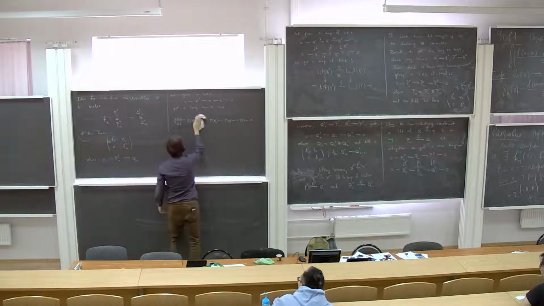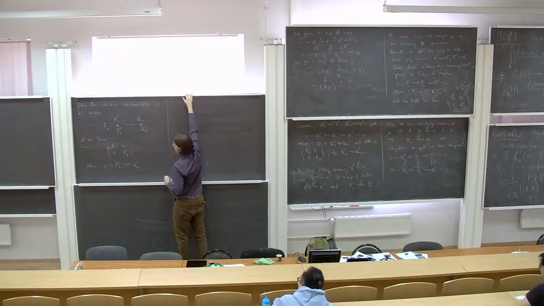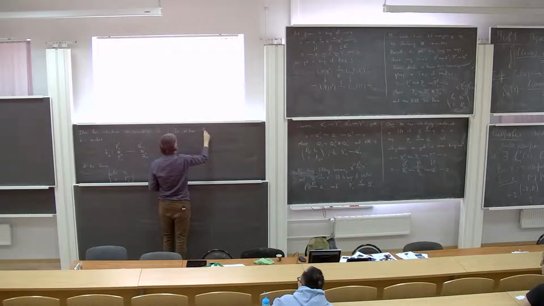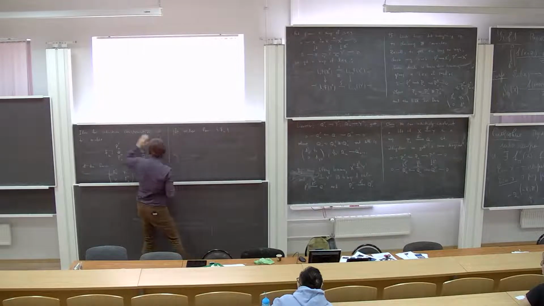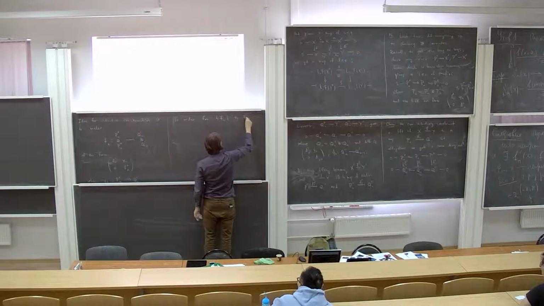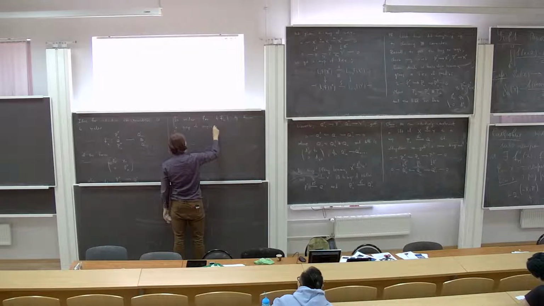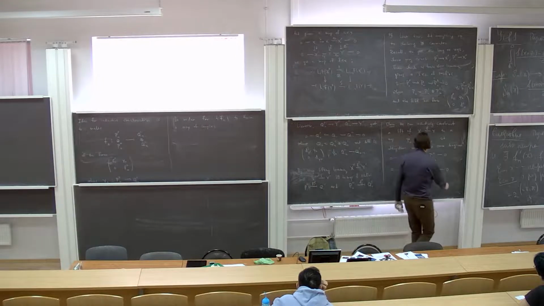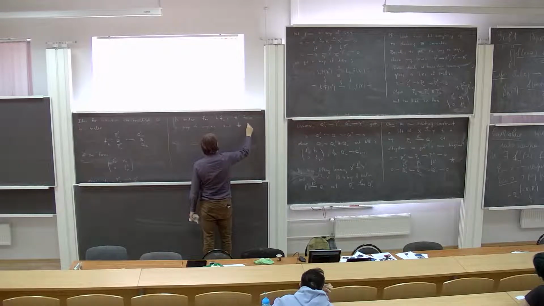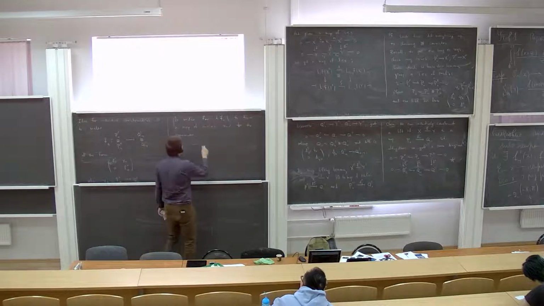And to see what gamma n should be, in order for this collection of fn's of this form to form a map of complexes, and for this to commute, some relations must hold. So you can work out what the relations are.